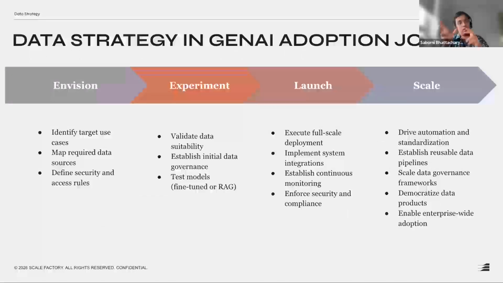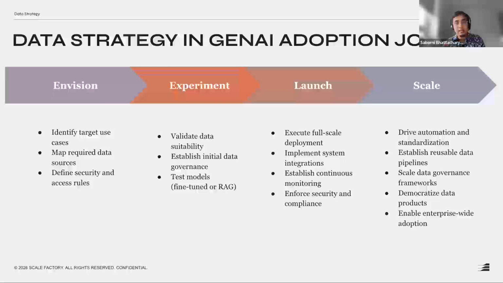So the first thing in the adoption journey is definitely having a clear view of what you want. These are the 4 stages in an effective data strategy in your GenAI journey, the first of which is envisioning. You must have a clear understanding of what use case you're trying to address, what data is at hand, and how much you can use it.